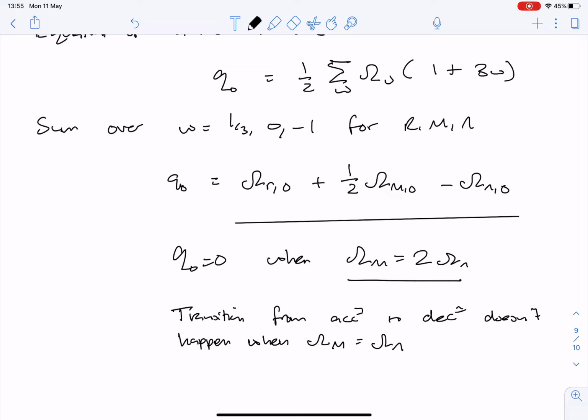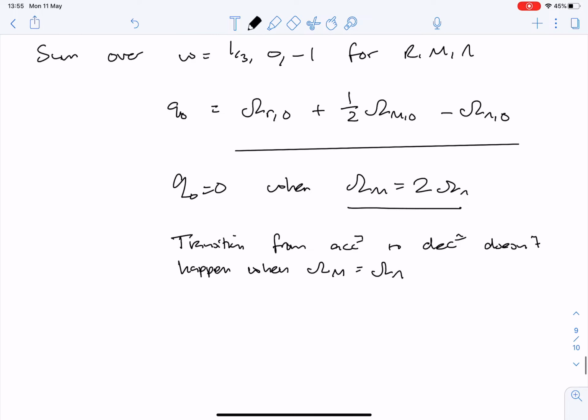Because of the different equation of state parameters, they don't cancel each other out. You have this twice factor. So omega M is twice omega lambda, or omega lambda is a half of omega M. Get it the right way around.